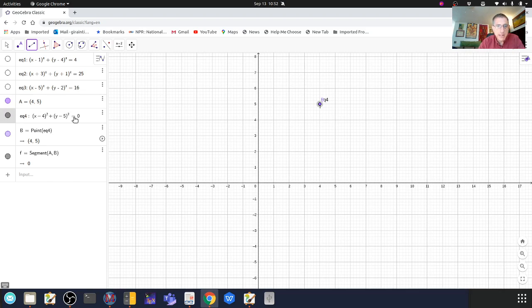If I put in here a negative radius, like minus 4, what am I going to get? It doesn't plot anything. It says it's undefined. The point B for equation 4 is undefined because negative distances do not exist in the Cartesian plane, and it's really difficult to think of how we would ever interpret a negative distance.